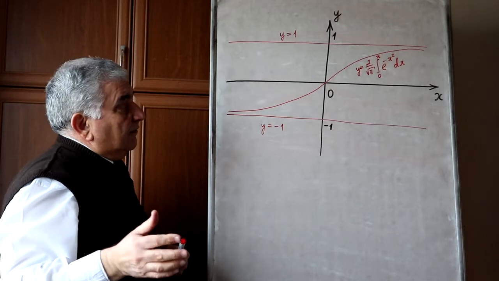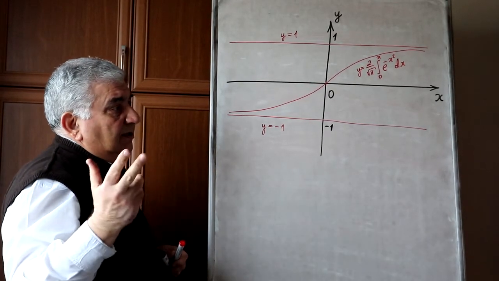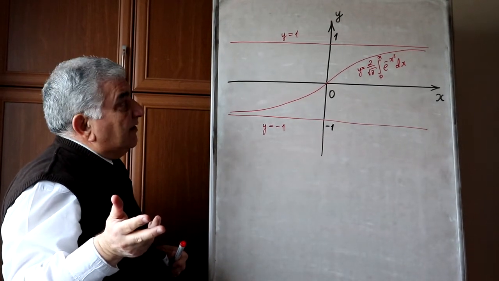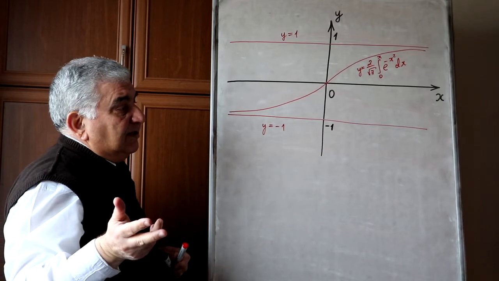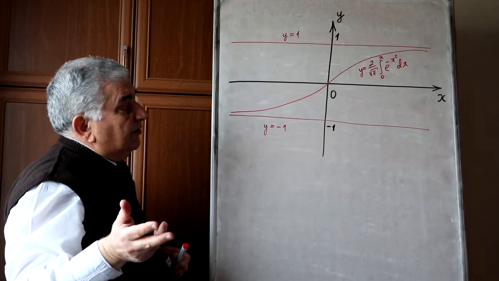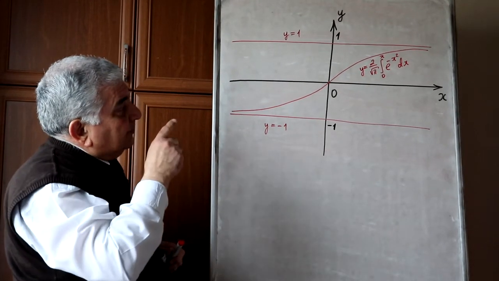Now verify the graph of the error integral. According to the first property, the value of this function at 0 is 0. That is, the graph will pass through the origin.